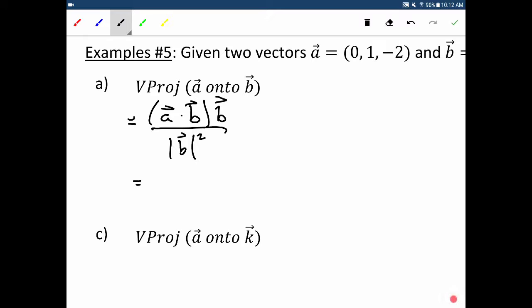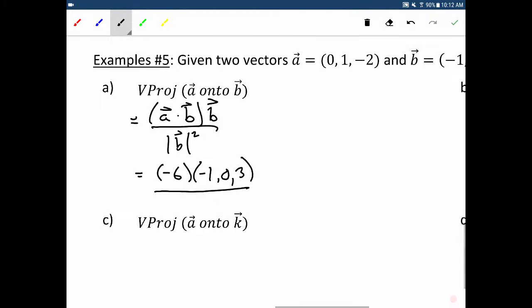If I do that, the dot product of A and B works out to -6. If you don't trust me, you can try it on your own. We're multiplying it onto -1, 0, 3. And then we're dividing it by the magnitude of B squared.